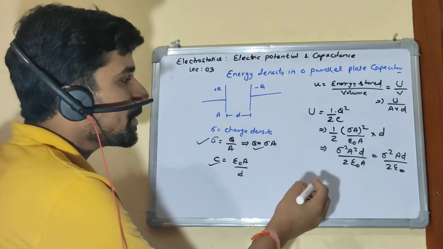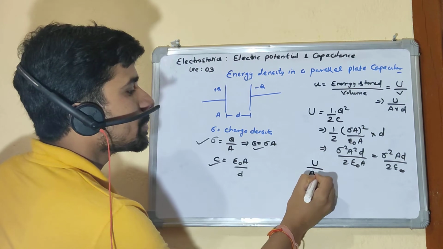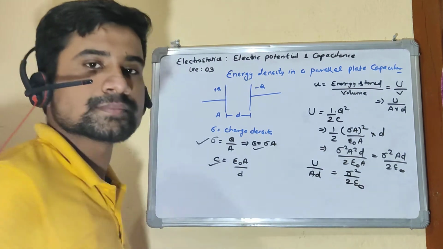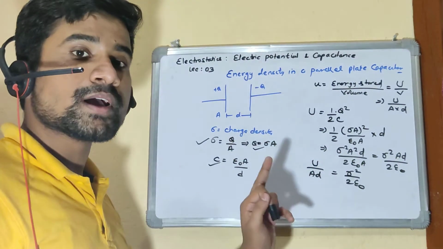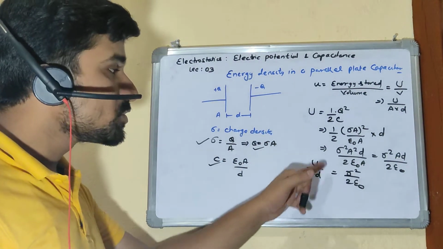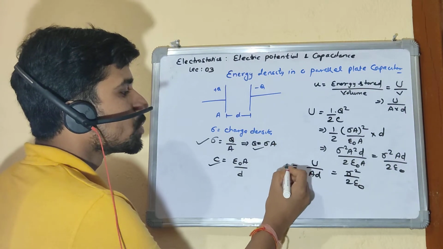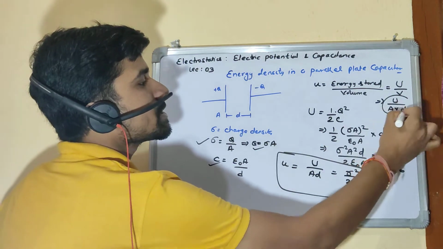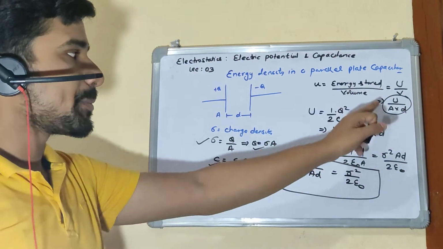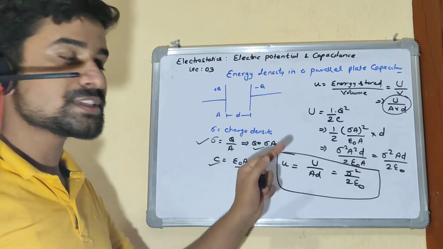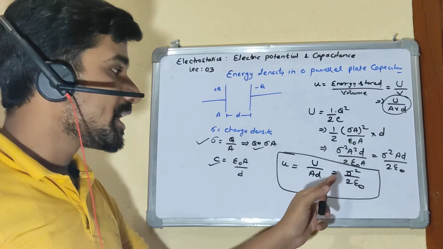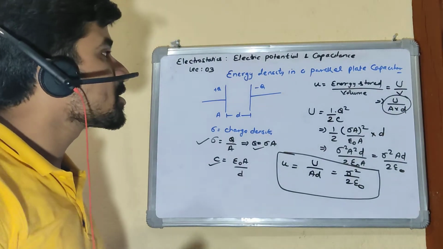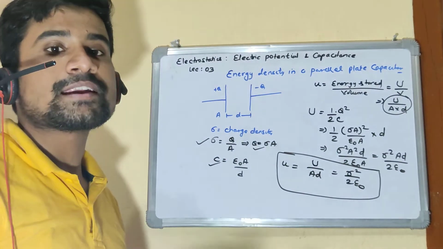Now if I take U by AD, this becomes sigma square by 2 epsilon naught. We just calculated that capital U by AD is the energy density, which is energy per unit volume, and it is given by sigma square by 2 epsilon naught. So this is the expression to calculate energy density in a parallel plate capacitor.